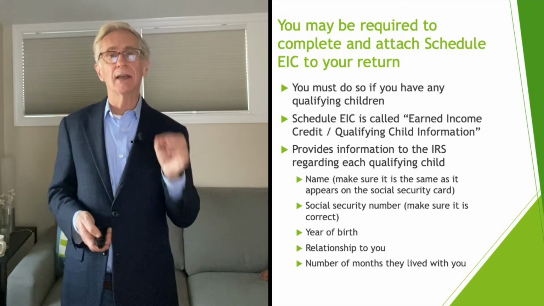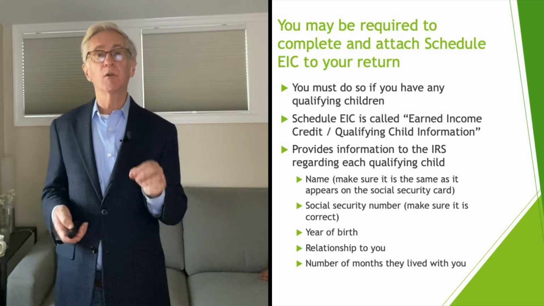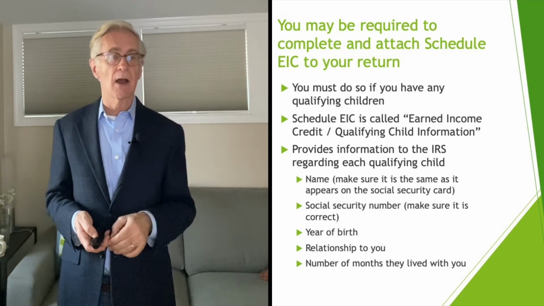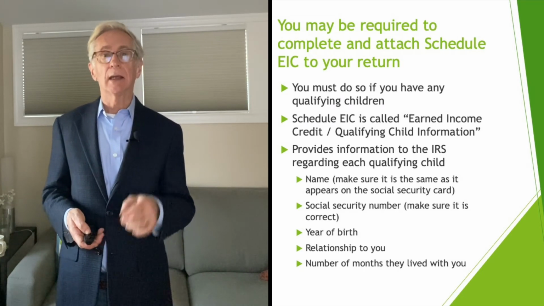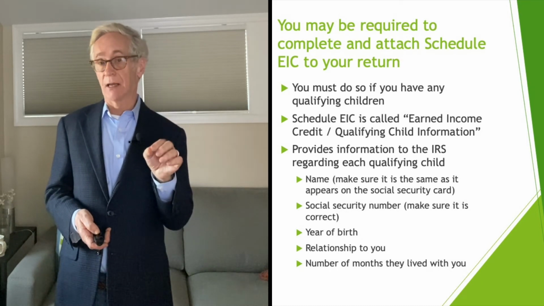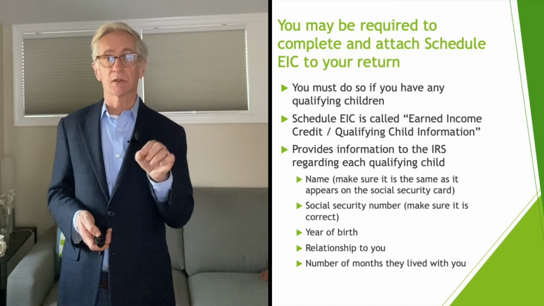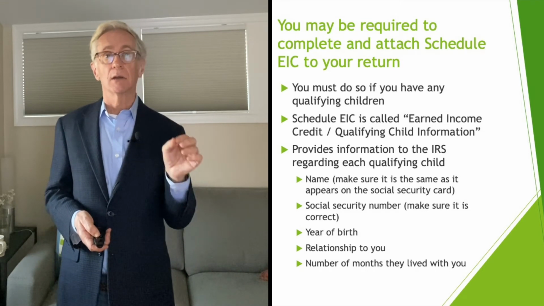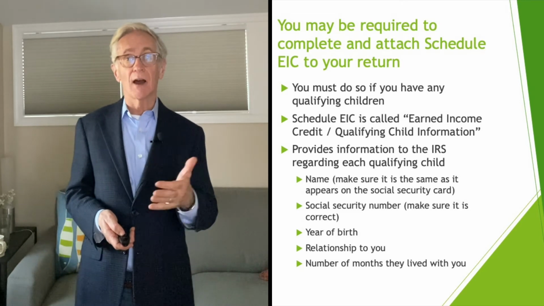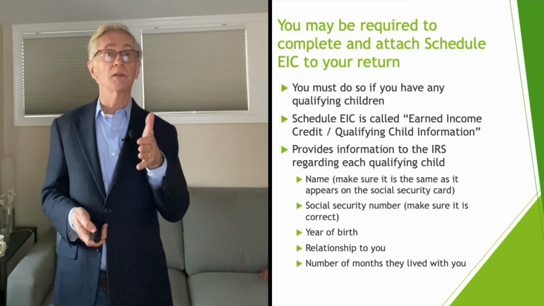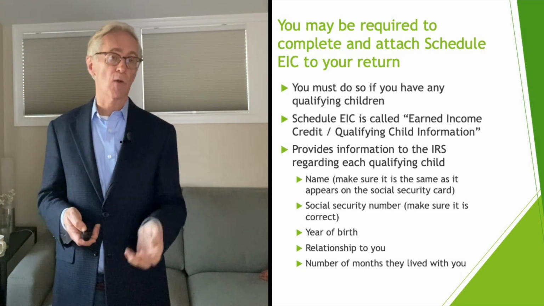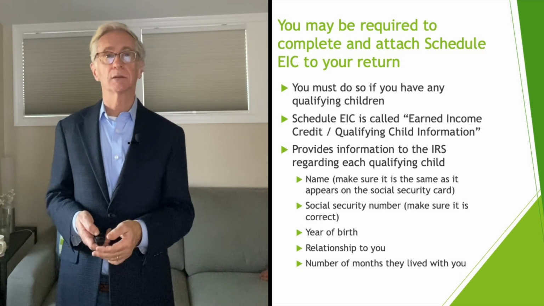But I'm highlighting those two things simply because the IRS says that one of the main issues they encounter with the earned income credit is people don't put a name on Schedule EIC that matches the Social Security card, or they don't get the Social Security number right. The IRS is going to look this up when you put this on Schedule EIC, and so you want to make sure it's going to match up with Social Security records. So that's very, very important.